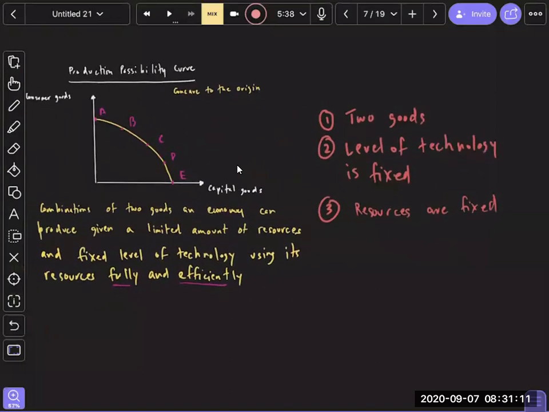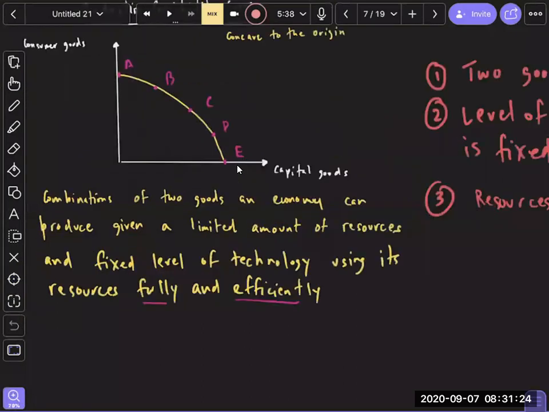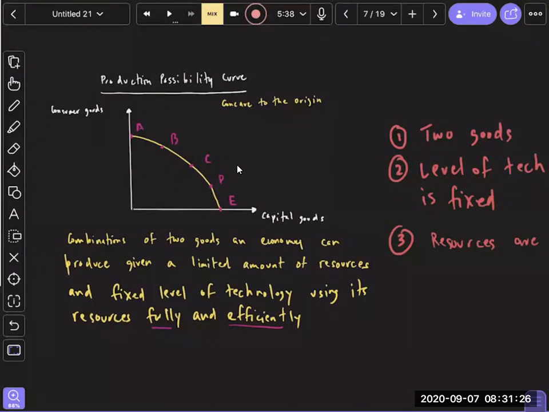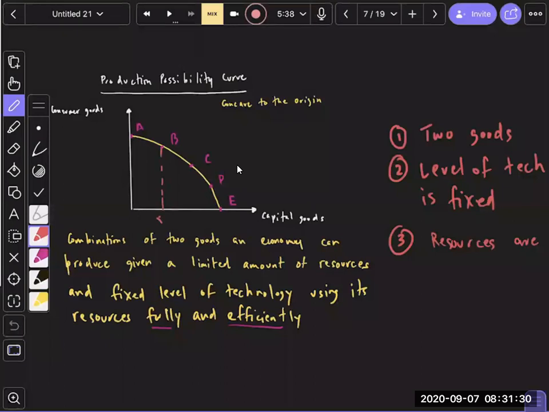So whenever we're making a curve, it tells us the maximum amount of two goods that I can make, not more than two goods, where we assume the level of technology is fixed and resources are fixed. And the definition is saying for every X, or for every capital good, let's say if I'm making X1 capital good, the maximum Y I can make is Y1.